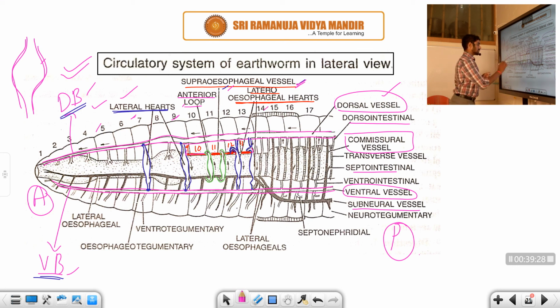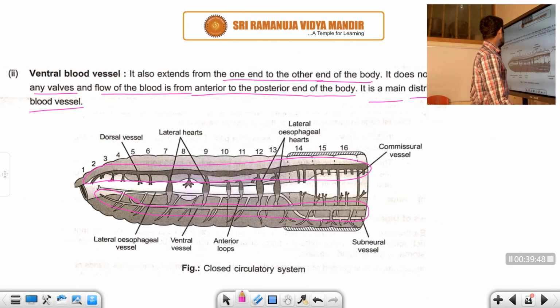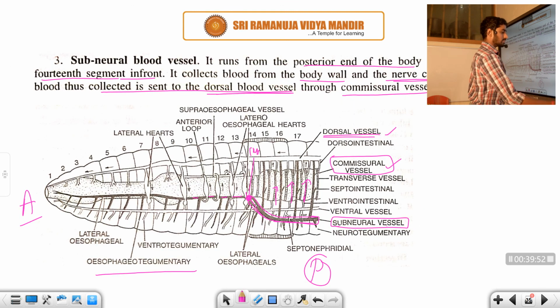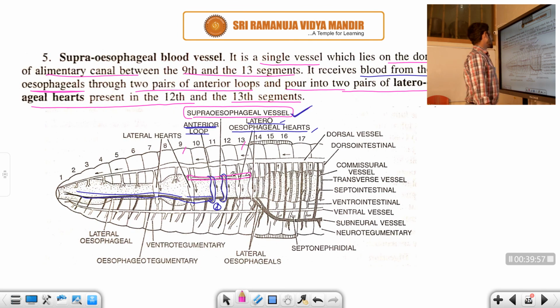From the 14th segment it connects to the subneural blood vessel. The ventral blood vessels are very important. I hope you understand today's class, right?